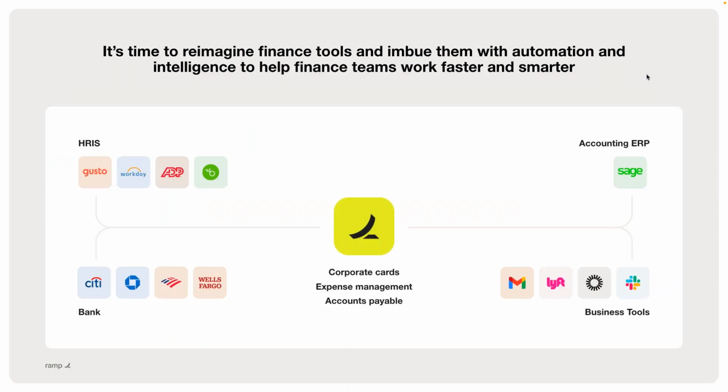And so that's really where Ramp has positioned itself. We want to be at the center and be able to integrate effectively with all of the different types of tools that we use in the business to manage our spend and even more. So like we talked about, of course, accounting ERPs are a huge component of that, making sure we have robust integrations there. But it also comes into play with HR systems. Instead of having to upload users into Ramp manually and assign who everyone's manager is, let's instead integrate to our HR platform.